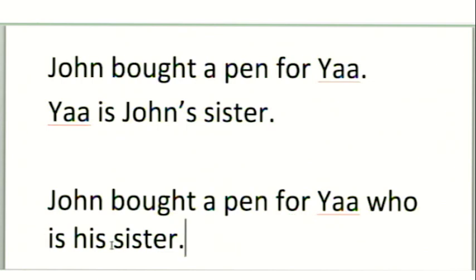In this sentence, we have two clauses because here we join the clauses with who, which is our relative pronoun. So we have our first clause, which is John bought a pen for Ya. And then the second clause, we said what? Ya is John's sister.